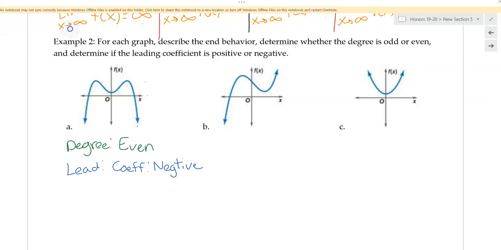So when I write my end behavior, this part is always going to be the same. The limit as x approaches negative infinity of f of x equals. So as I go to the left, what is my y doing? It's going down. That means negative, and it's going down forever, negative infinity.